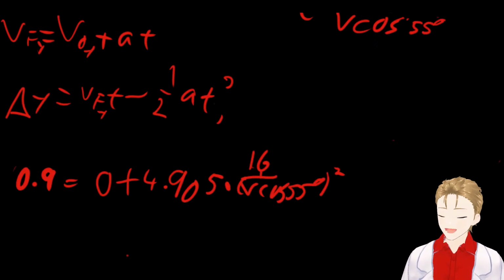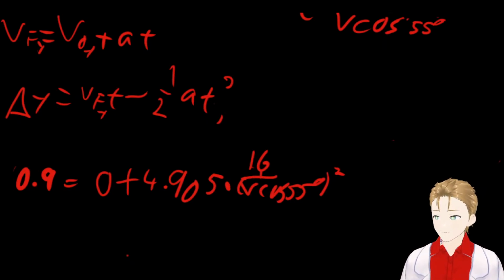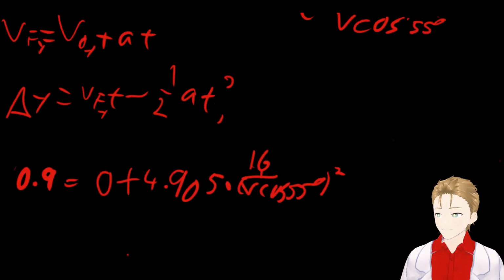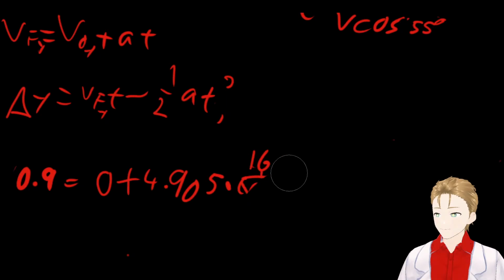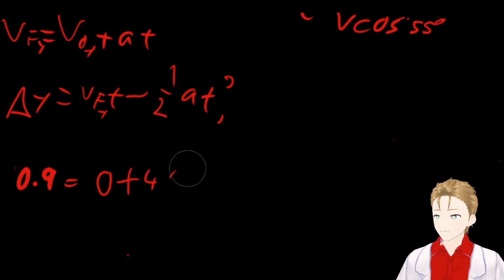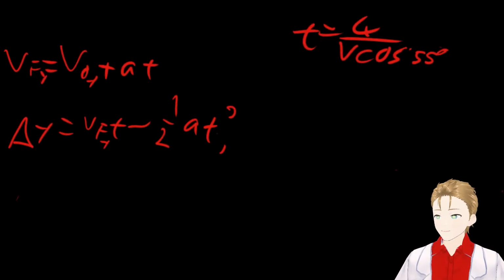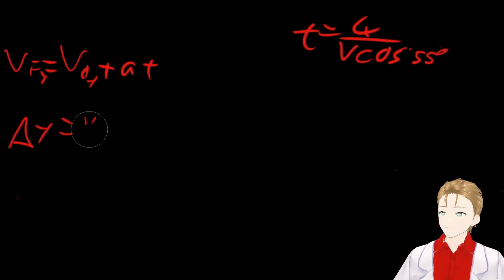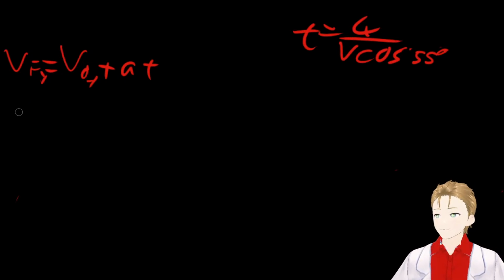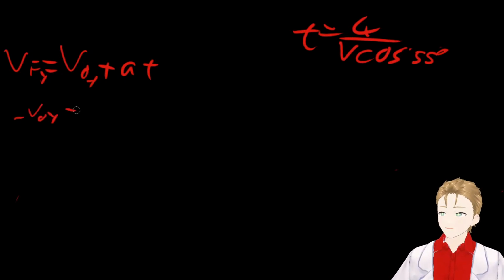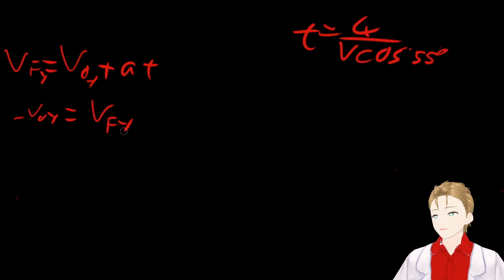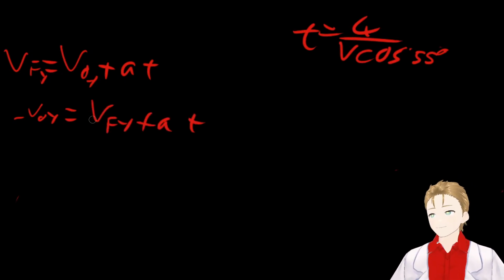No, wait. No, I've been doing it wrong this whole time. What if we say, because we want to find the initial in the first place, we can just do negative VOY equals we have OY plus AT. This is negative, by the way.